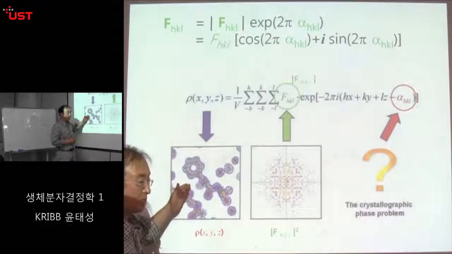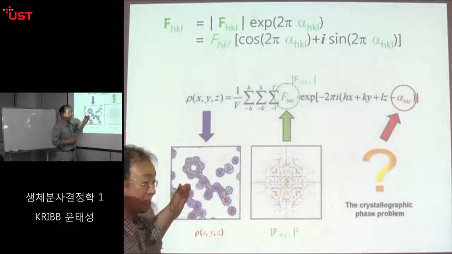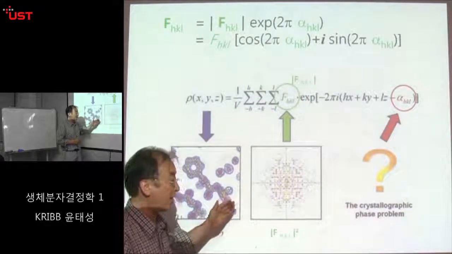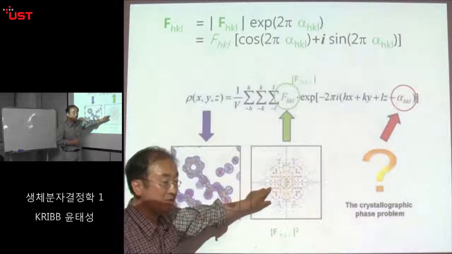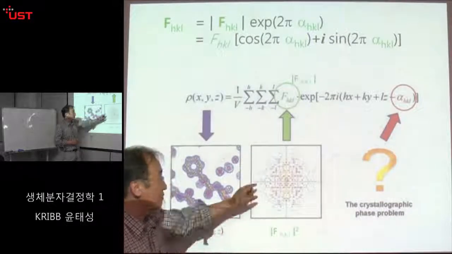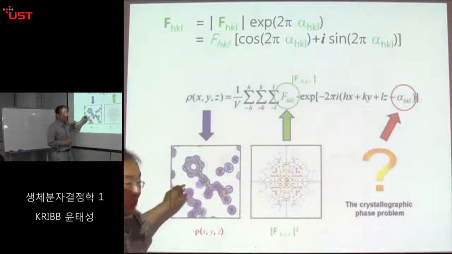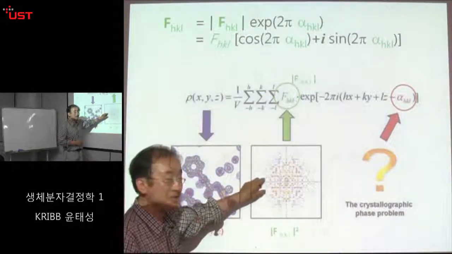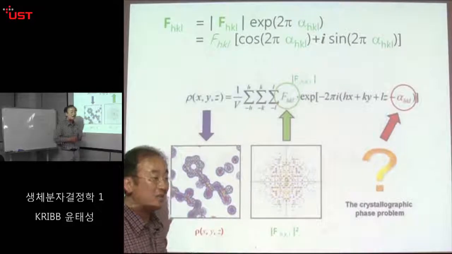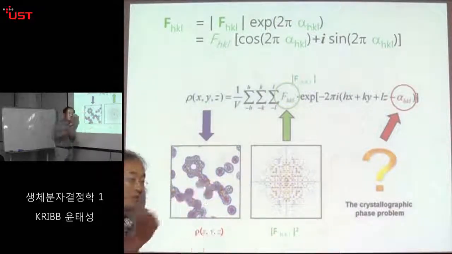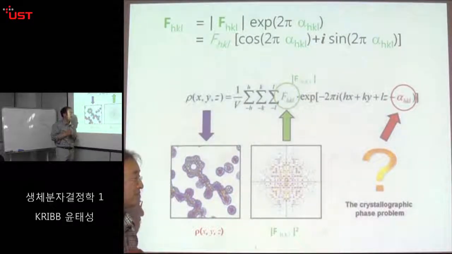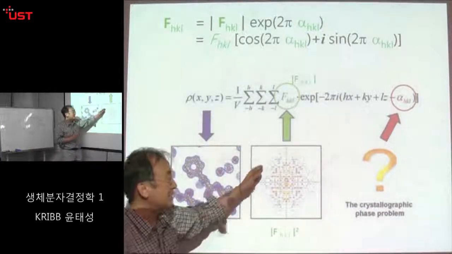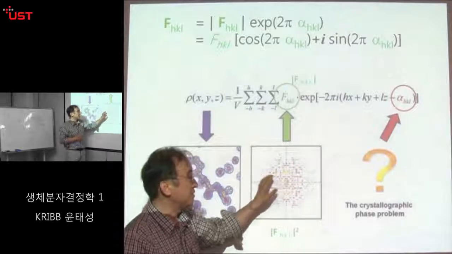Translational symmetry or duplication over billion copies will result in spots. Otherwise, we will not have spots. So if we have spots out of our sample, that means we have a crystal. But if we do not have spots, actually, even though we mounted the sample, it may not result in a spot pattern. It may result in some rings, some blurring.